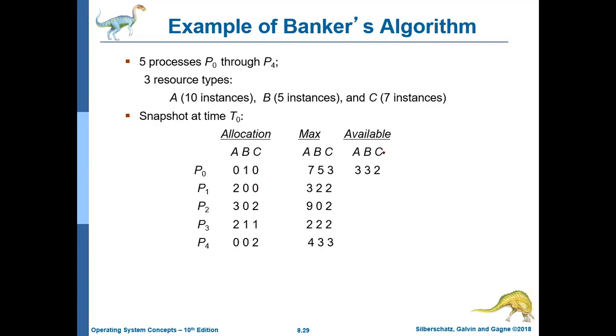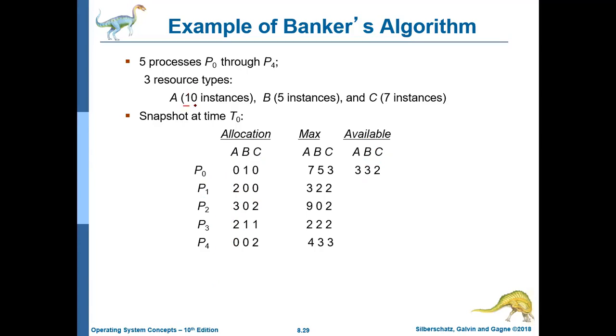If this available was not given to you, you can also calculate this available using this allocation. In allocation, you can see we have allocated 7 A's to different process. 2A here, 3A here, 2A here. 2 plus 3 plus 2, 7 A's are allocated to different processes.